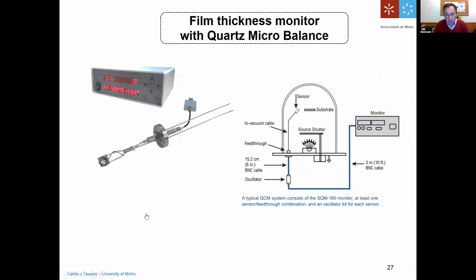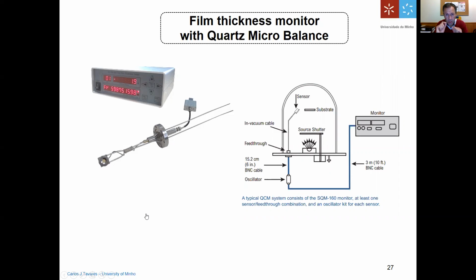So you saw from this clip how an electron beam operates and provides thermal evaporation of some molecules or atoms, which will then condense into a film. Now, in this video, you notice there was a device which could measure the ongoing film thickness development.